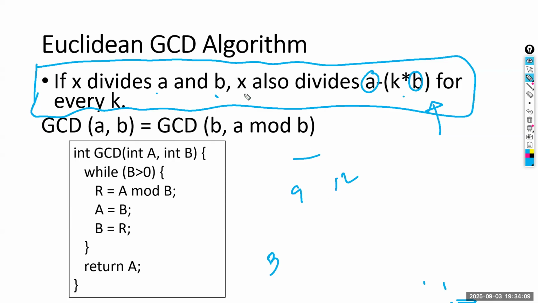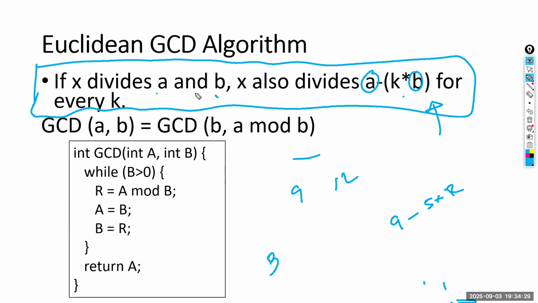So then it says 3 also divides a minus k times b, that is 9 minus, k is an integer, say 5 times b, 12. Negative number, but it's going to be divisible by 3 also. Okay. So that is it.